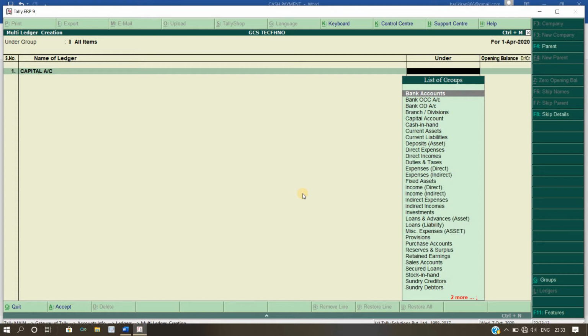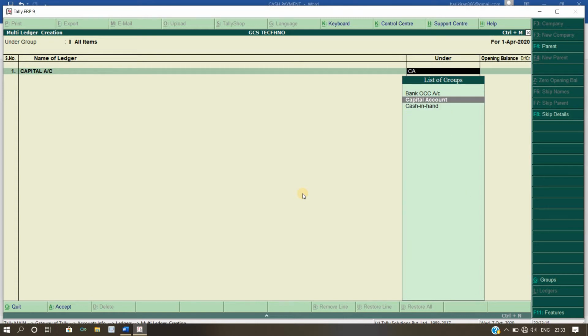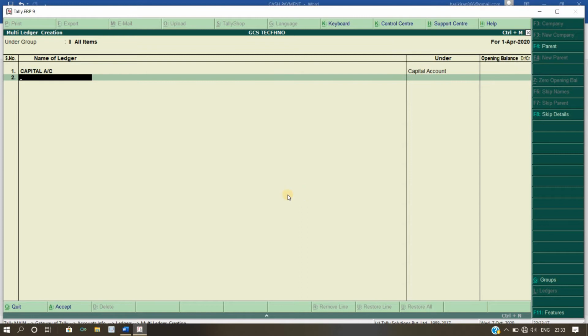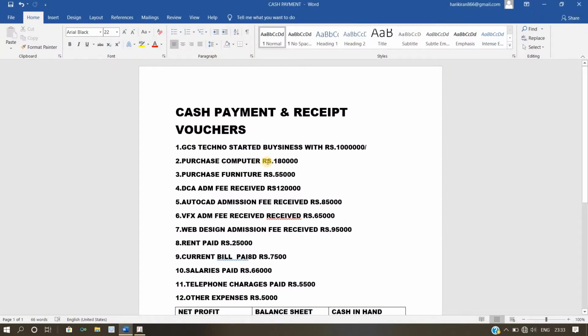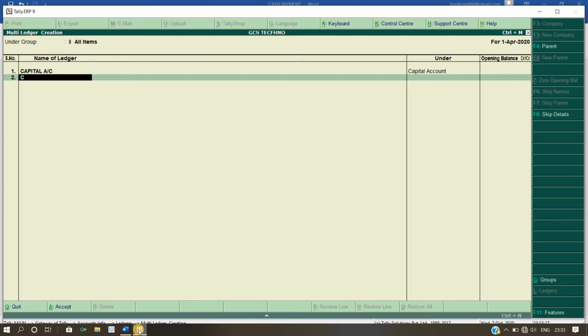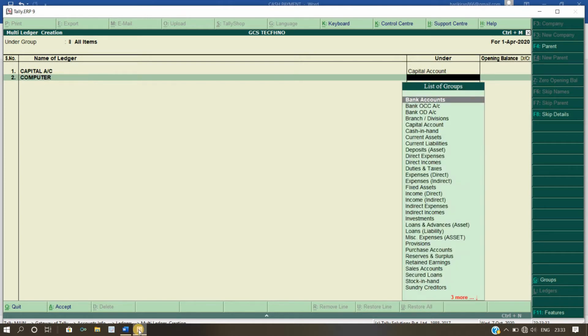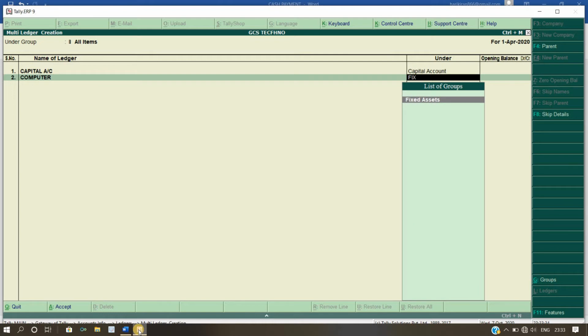It is 100 rupees, capital account only friends. And for the second one, purchase computer, right? And I want to create a ledger for computer, and it is fixed asset 100.